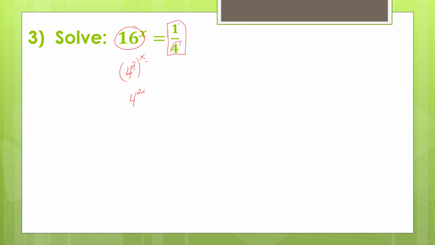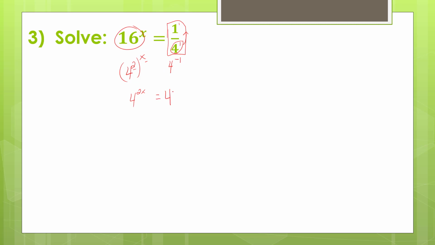Well, hopefully we remember that one of our exponent laws says that we can move a base with its power across the fraction bar as long as we make its power the opposite. So 1/4 is equivalent to 4 to the power of -1.